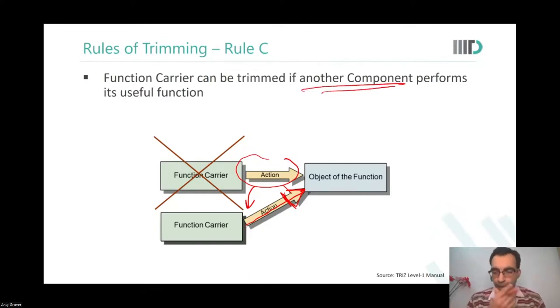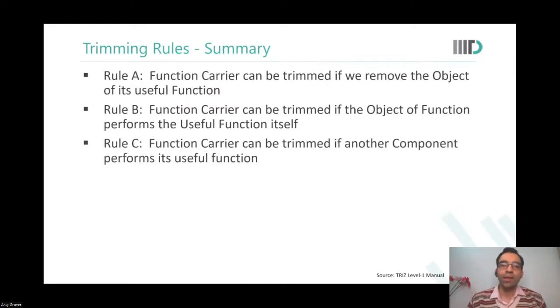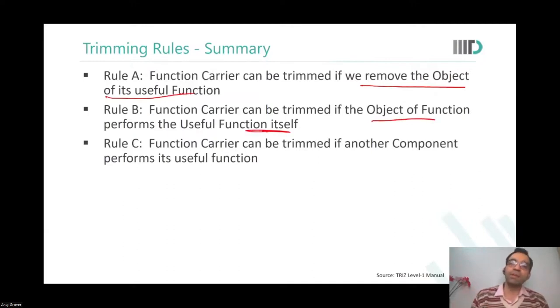Okay? So 3 rules. Function carrier can be trimmed if we remove the object of the function. It can be trimmed if the object of the function does self-service. It can be trimmed if some other component can be assigned that function.